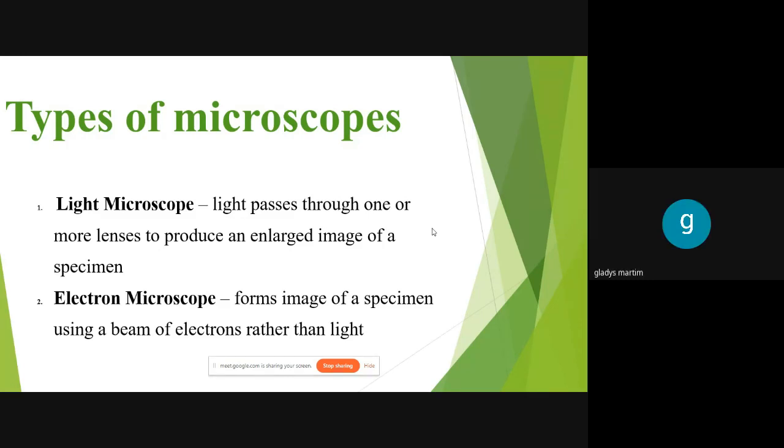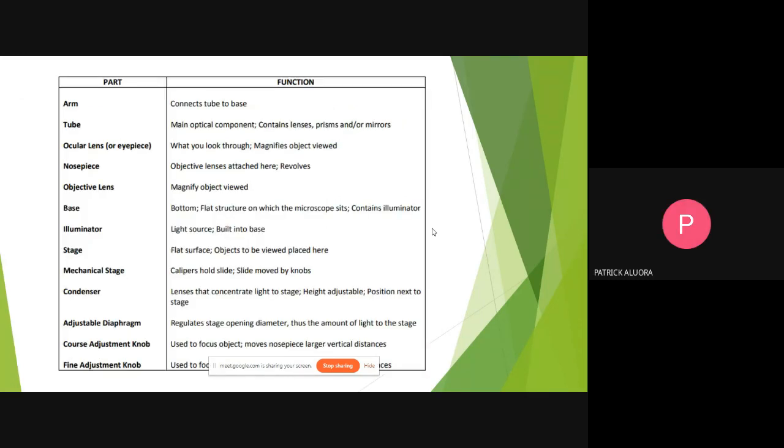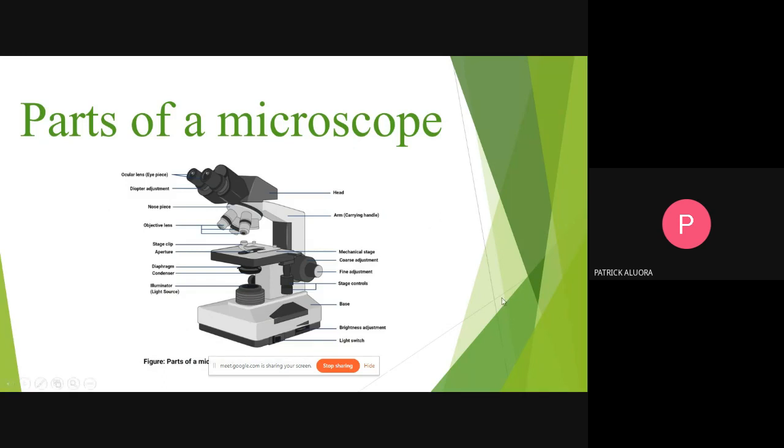Okay. I have a question. How many objective lenses do we have? There are 4 objective lenses, including the oil immersion. So that is the assignment that I'm giving you for today. I expect you to do the assignment and give it to me.